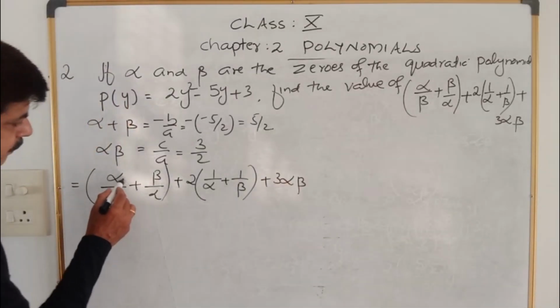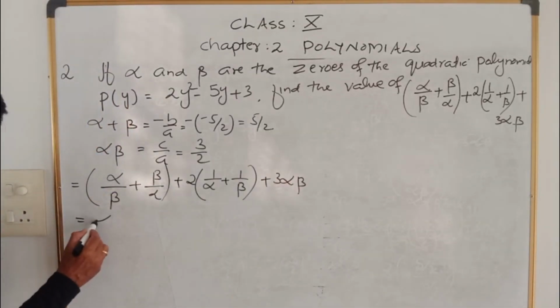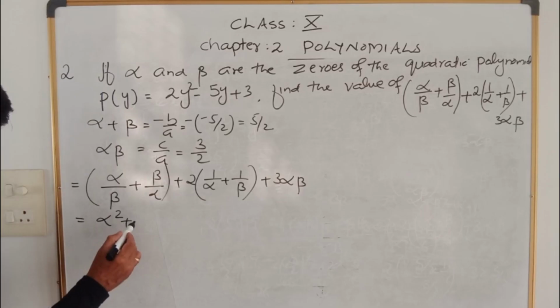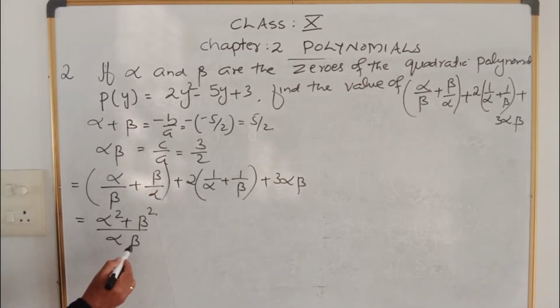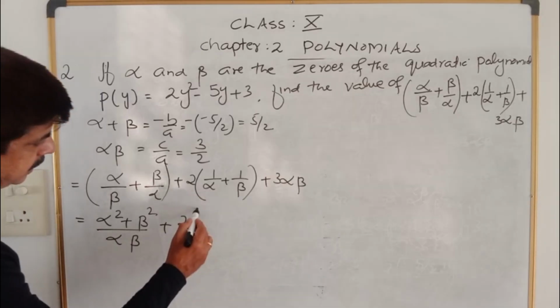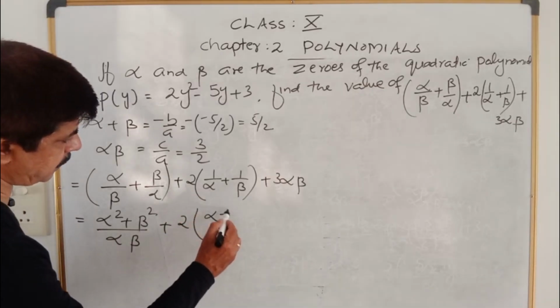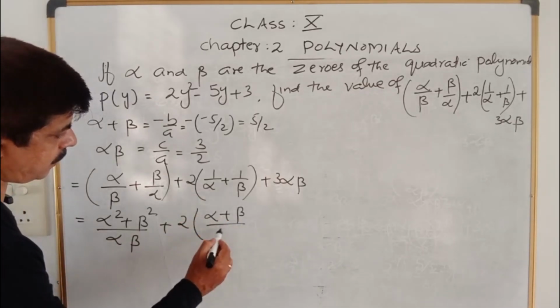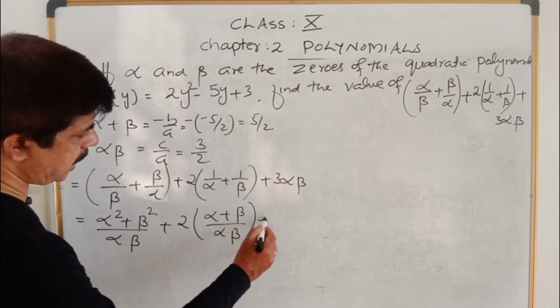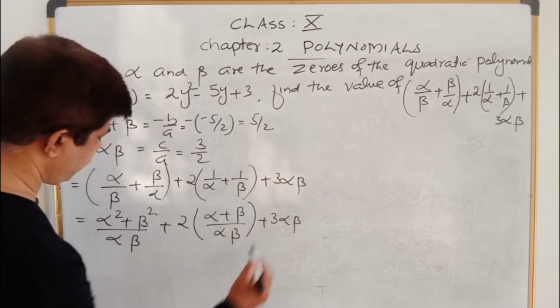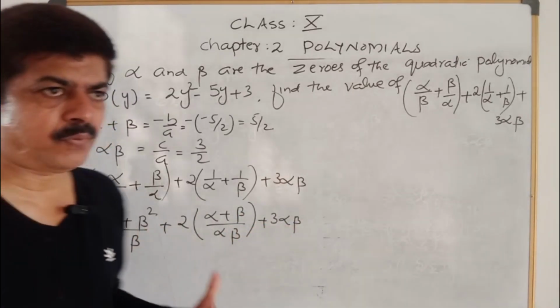We need to cross multiply and express in terms of alpha plus beta and alpha beta. In the second bracket also we cross multiply and get alpha plus beta by alpha beta, plus 3 alpha beta.